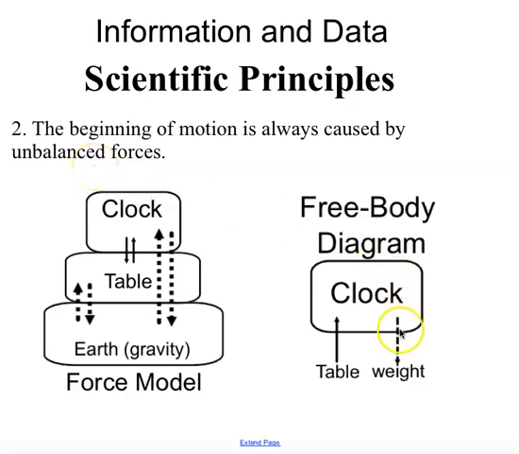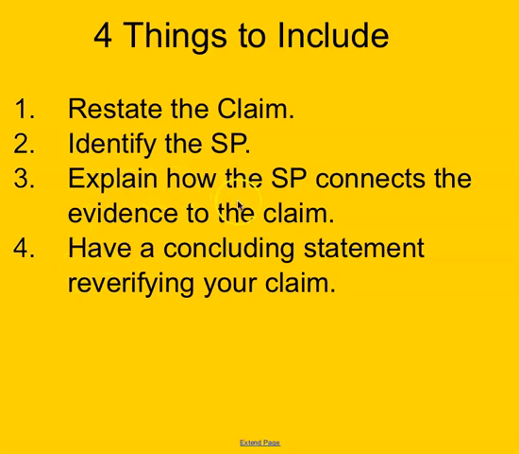We can also see from the free body diagram that there are no horizontal forces acting on the clock, so those forces both must be 0 and balanced. So there I explained how the scientific principle connects the evidence to the claim. So if you need to rewind the video so you can hear that a couple of times, so you can type that out, please do so.